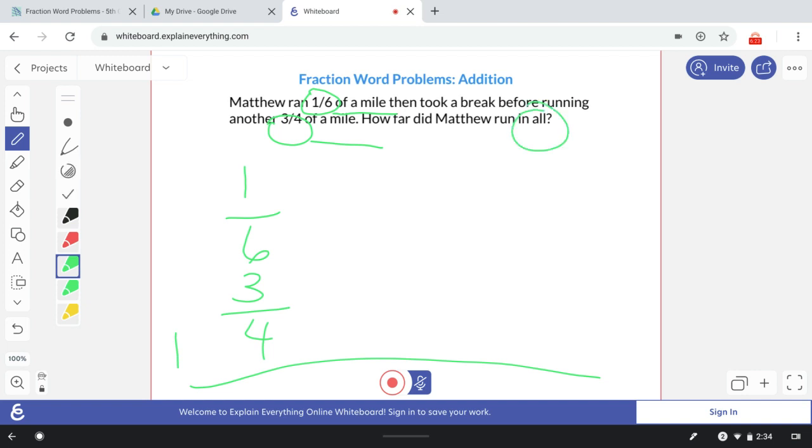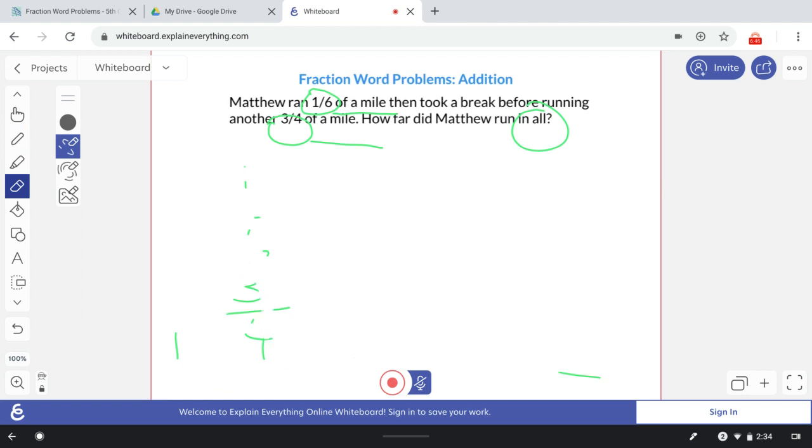Sometimes I actually like to try or begin to write the problem as I am reading it, just to kind of piece together how my brain is thinking about it. You can choose to circle your keywords and numbers as you're reading them, or you can wait until you're finished and then solve it. So I'm actually going to erase so I can give myself a little more room to actually solve the problem.